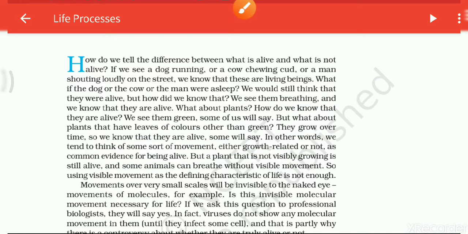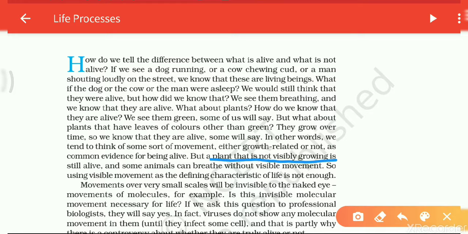But a plant cannot show visible growth. When the plant grows, you will not see this growth. We can say that the growing of the plant is not visible, it is invisible, but we can still say that the plants are alive.